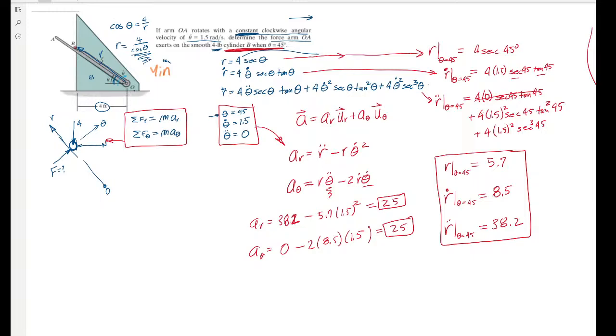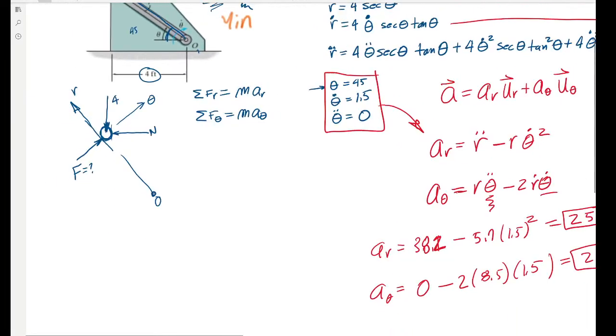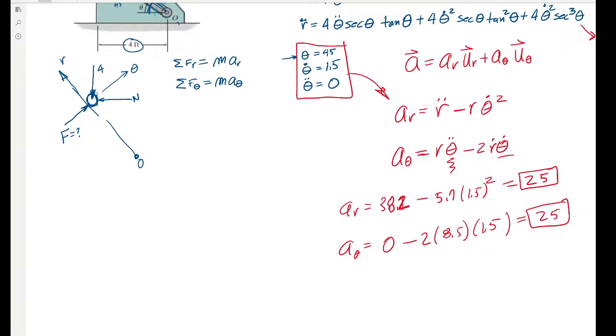Okay, so now the only thing you've got is this diagram. So you have your values of 25. You have your masses here. So now what you've got to do is break it into your components.